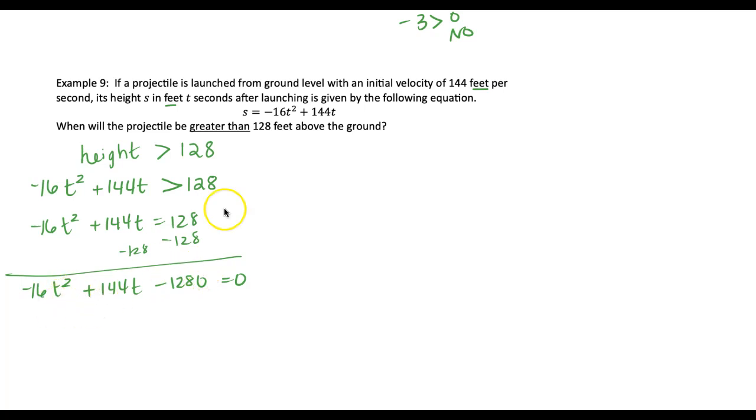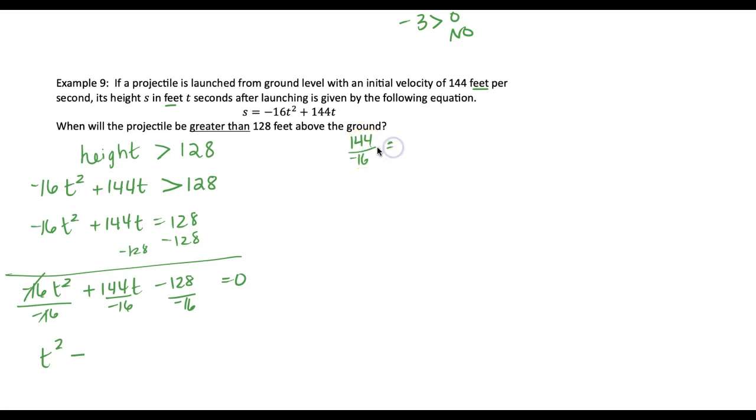Now, I've actually looked ahead, and I can divide each one of these by -16. Whoops, excuse me. This should just say -128. So here we end up with 1 t squared. Here we're going to have a negative, and 144 divided by -16. You could take the time to simplify.